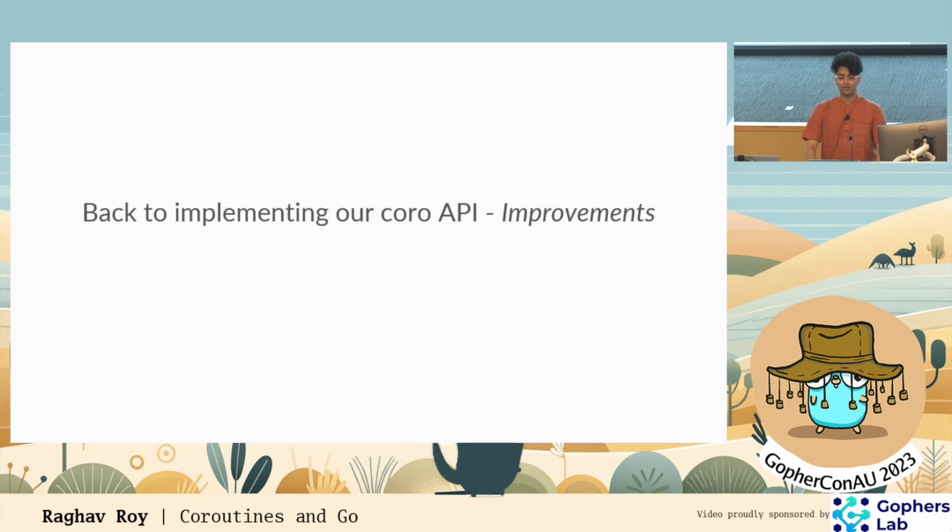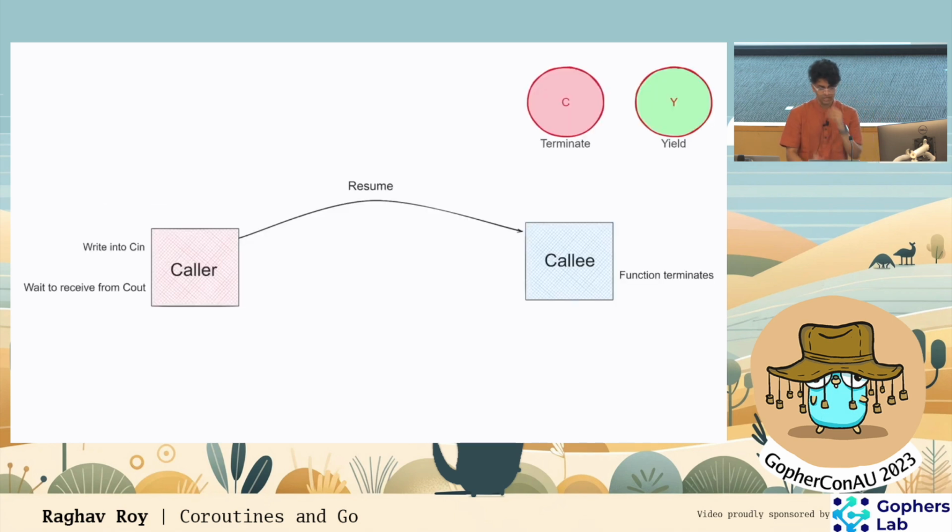So back to implementing a coroutine very quickly. Now, what happens if your coroutine stops functioning? It terminates, and then you try to resume it again. Your caller is now waiting on something to write into cout, but it deadlocks because there's nothing to write into cout. A simple solution would be to have a global variable, say running.